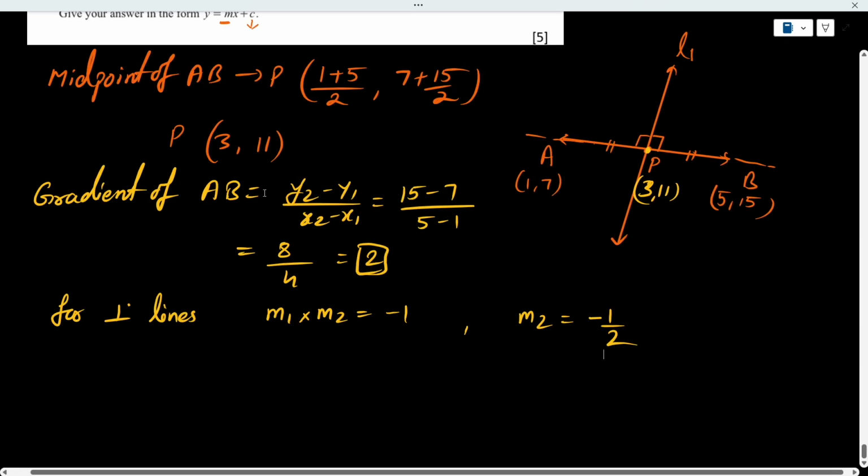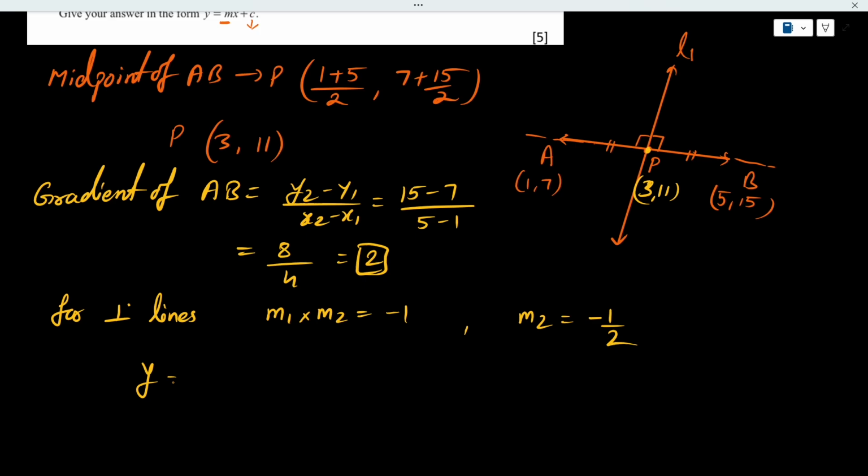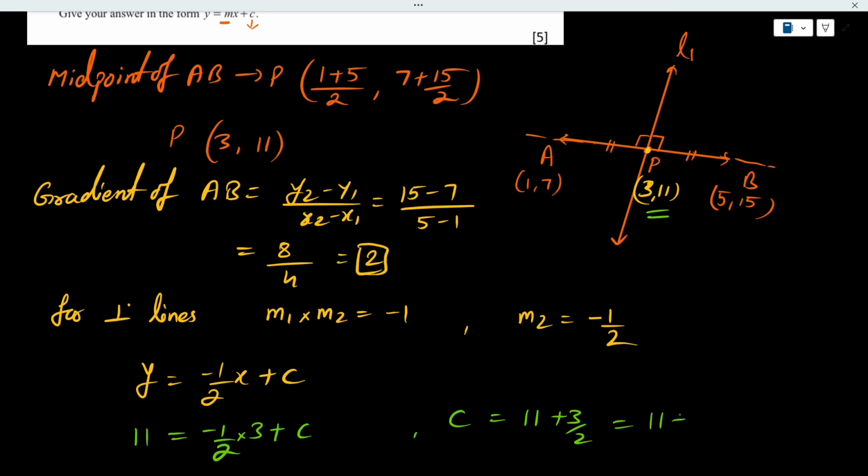Now we have y equals minus 1 by 2 x plus c. Now how to get c here? To get c, I have a point P. That is why we needed the midpoint formula. So I can substitute y as 11, minus 1 by 2 times 3, plus c, and if you calculate c, it will be 11 plus 3 by 2, which is 11 plus 1.5, that is 12.5.